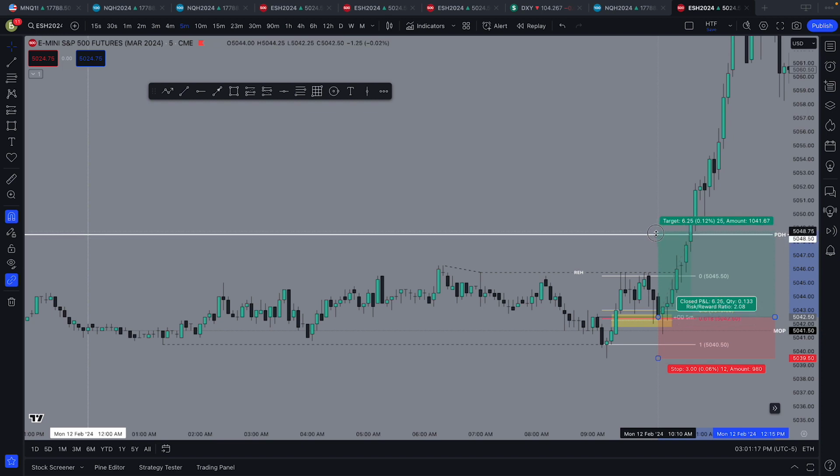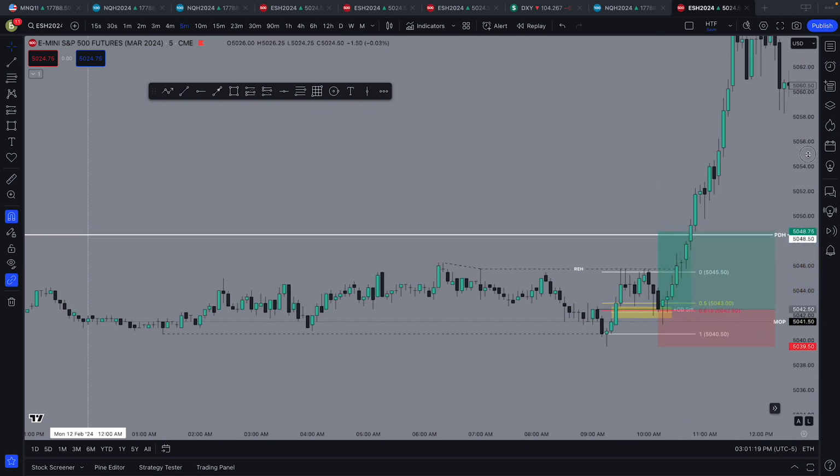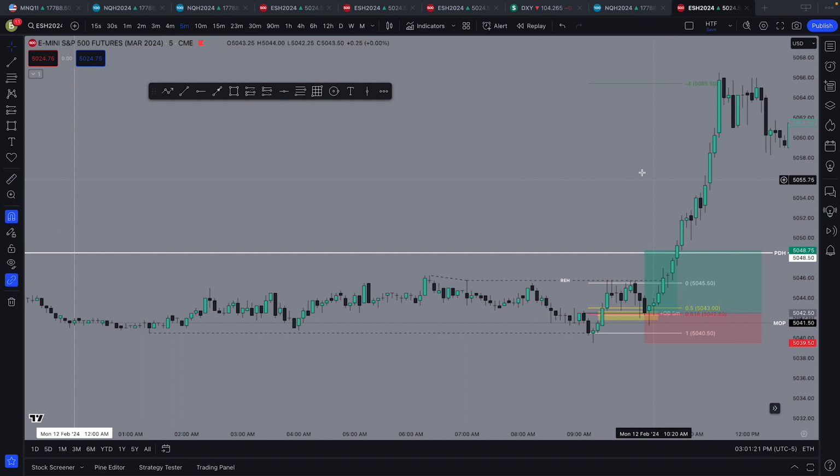Stop below this low. Only need a 3-handle stop. Targeting at least PDH. But for a higher target, we can see here the standard deviation extension of -4 worked out really well.